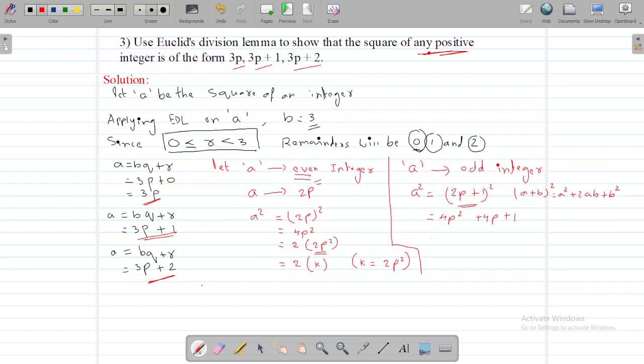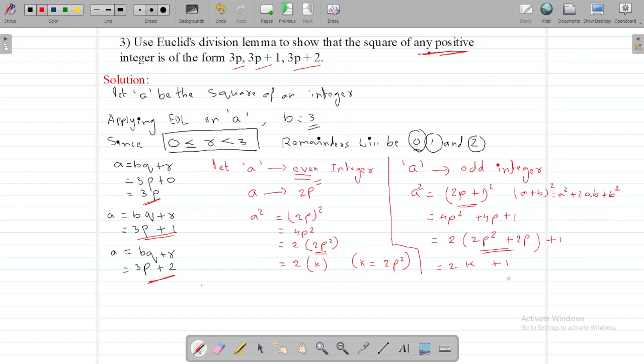So if I take out the common 2 here, it will be 2 into (2P square plus 2P) plus 1. So I will write this as 2K plus 1.